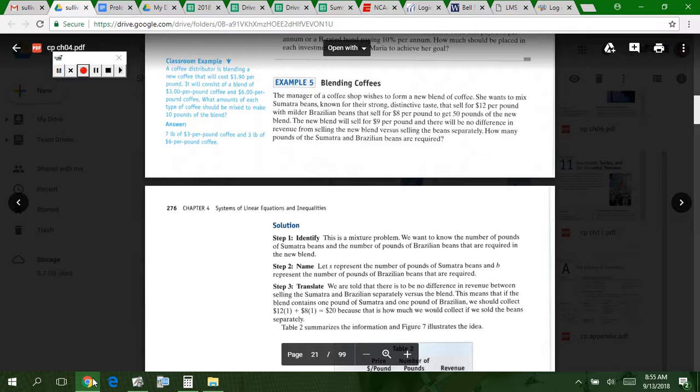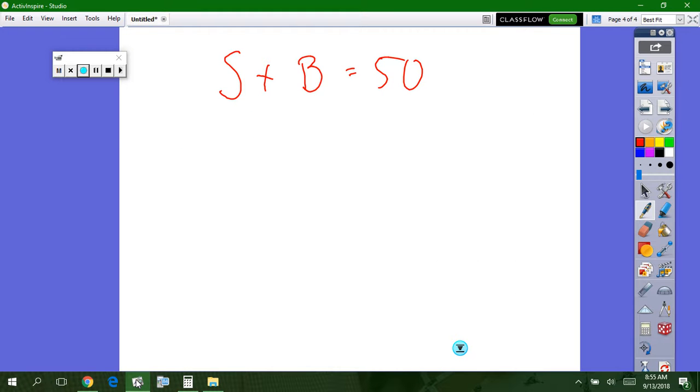Okay? So as I write this, here's what we got. If we have 50 pounds, how much are we going to make out of that blend? How much are we selling that blend for? $9, right? We can say that we're selling the blend together for $9. So how much is she going to make out of this, out of 50 pounds?